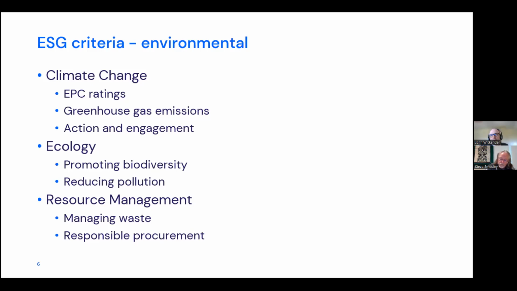If you've got a comparatively high proportion down in D, E, F, etc., then you're going to need a fair amount of money to invest in your stock to bring it up to that EPC C, which is deemed the right level to bring social housing stock up to achieve UK climate and emissions targets.